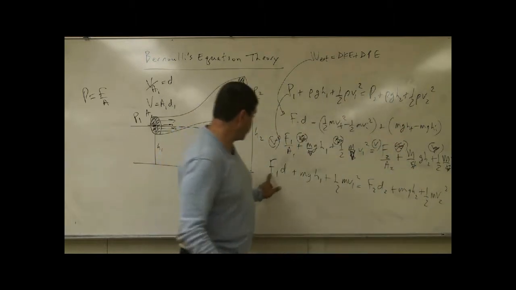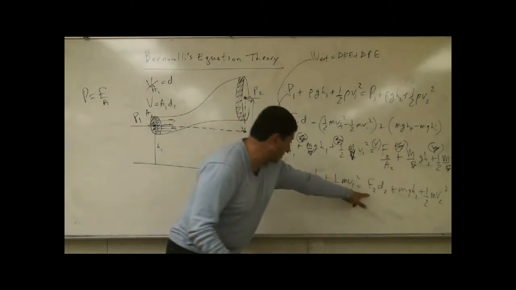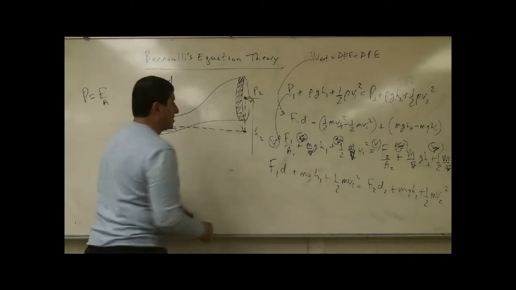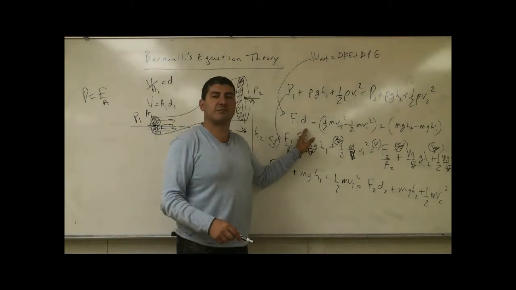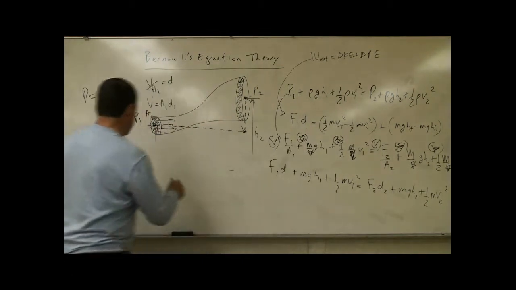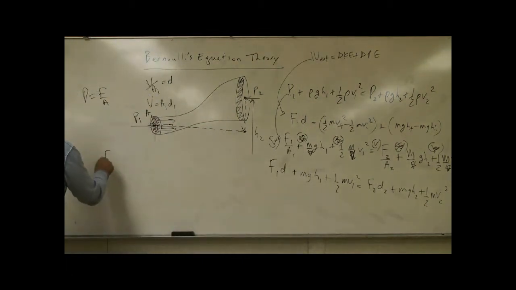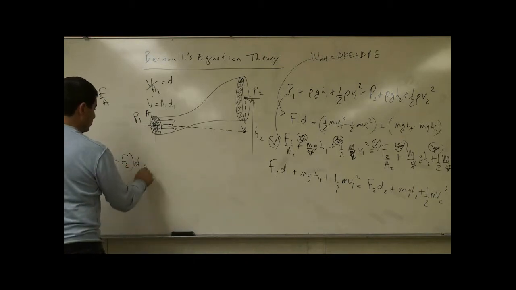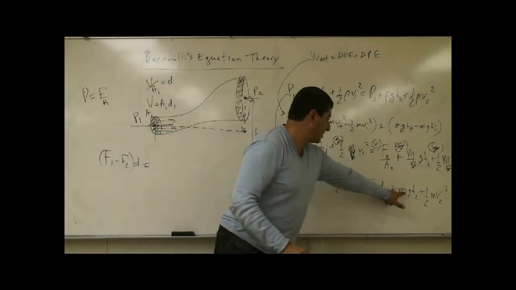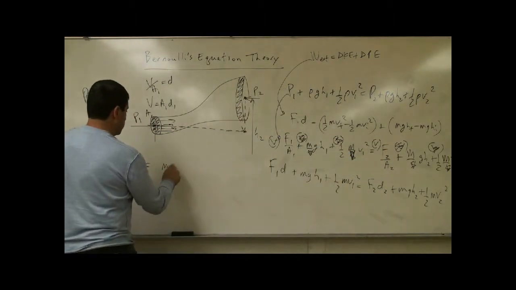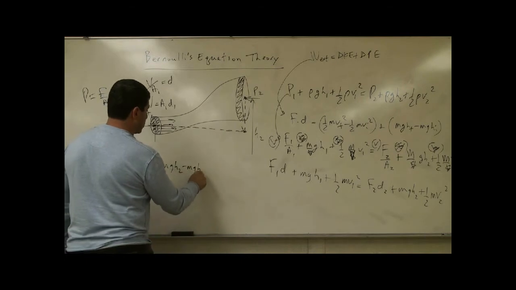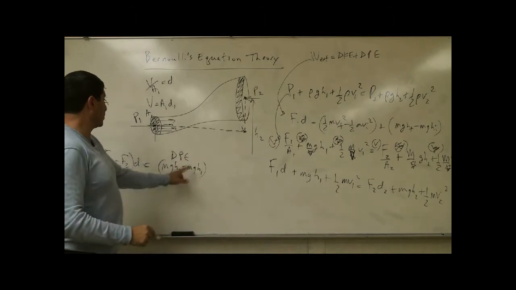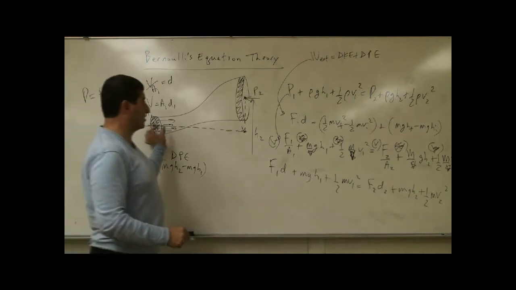Now if we rewrite this as F1 minus F2, bringing this one over here, you will see that we can make this look exactly like a mechanics problem, right? So we have F1 minus F2 times D is equal to, bringing everything to the other side, m g H2 minus m g H1, the change in potential energy of this column of liquid which ends up over here.